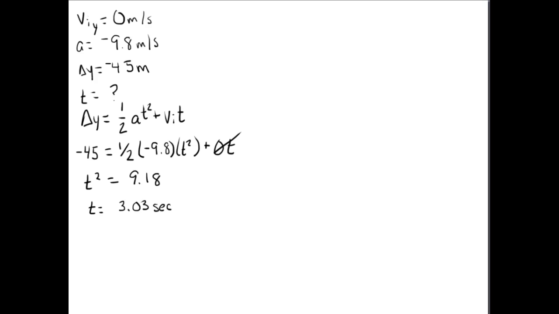So now we have our time. What we need to remember is our initial velocity in the x, or Vi sub x, was given as 125 meters per second. And so our time was that 3.03 seconds. So what is delta x?